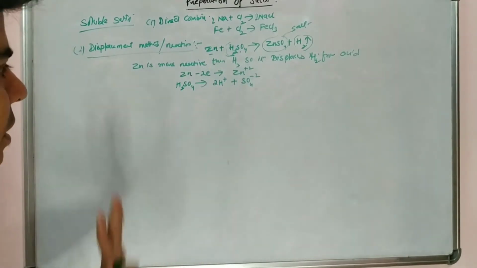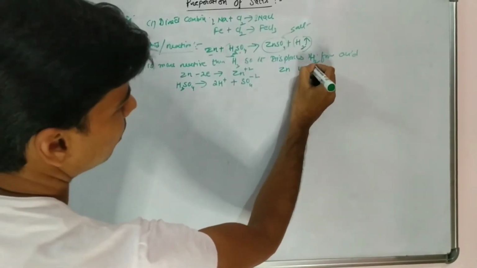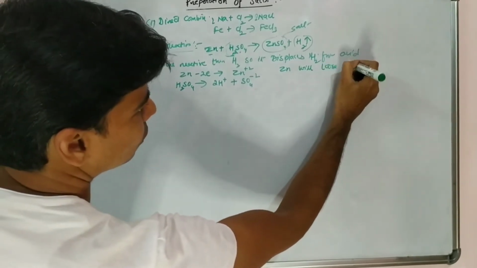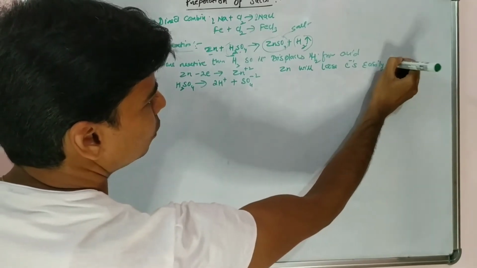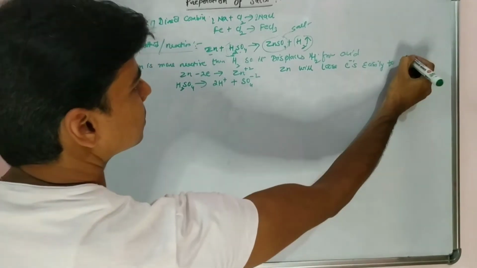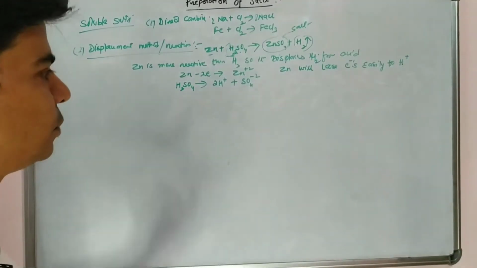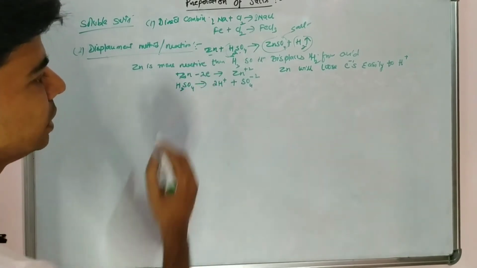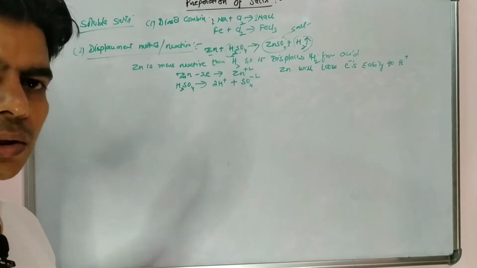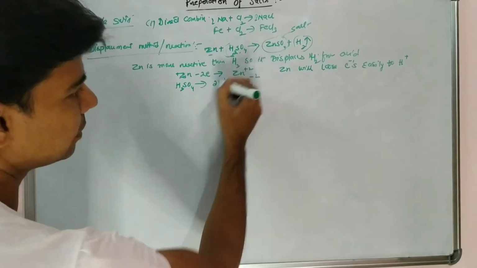These are ionization reactions, and when we say that zinc is more reactive than hydrogen, we mean zinc will lose electrons easily to hydrogen ions. Since zinc metal is reactive, it will lose its outermost electrons. Zinc has 2 electrons in its outermost shell, so zinc will lose its 2 electrons, forming zinc ion.